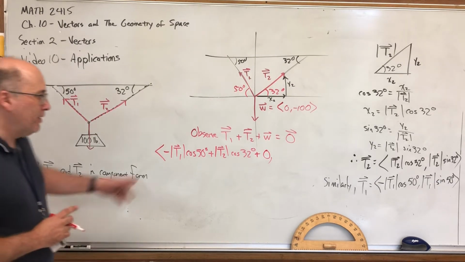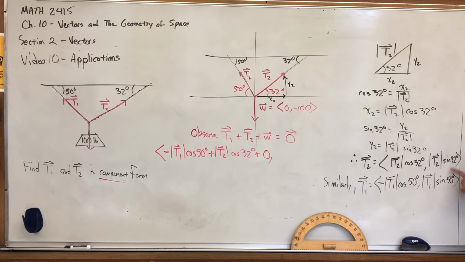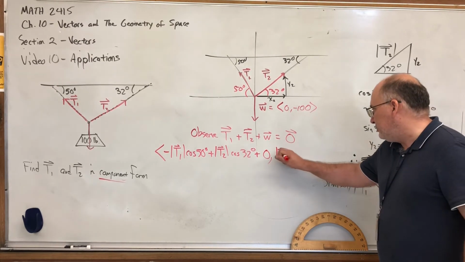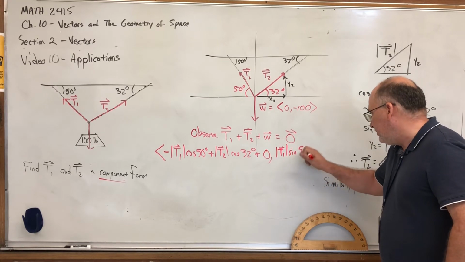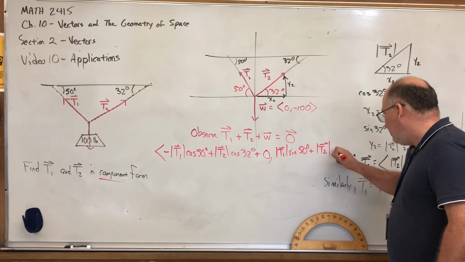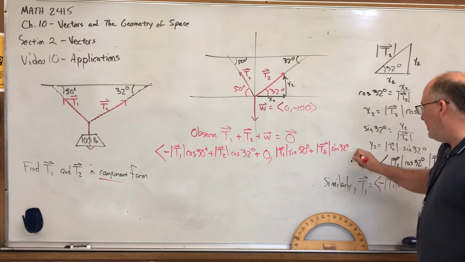And then the second component of this sum would just be the sum of the second components. This component plus this component plus this component. So we would have magnitude of t1 sine of 50 degrees, plus magnitude of t2 sine of 32 degrees, plus this component, negative 100.